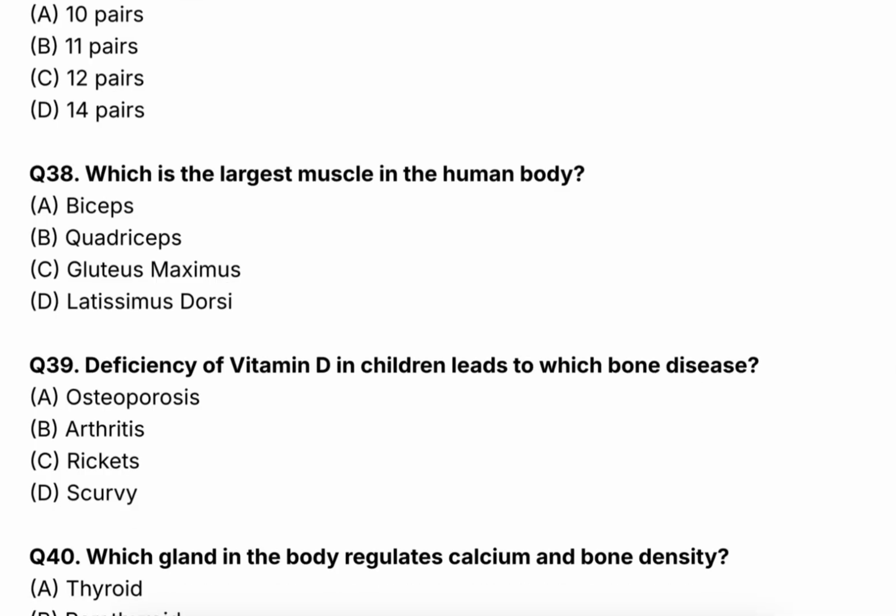How many pairs of ribs does the human body have? 12 pairs. Which is the largest muscle in the human body?